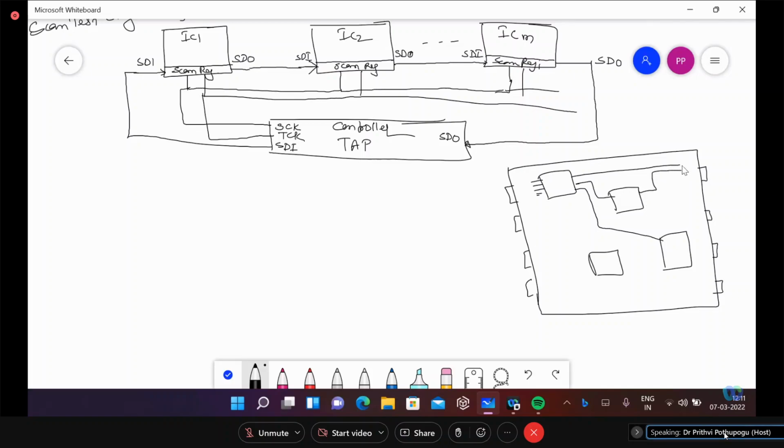Okay, you can observe the type of connectivity that is happening, say in an IC or any component you are taking.